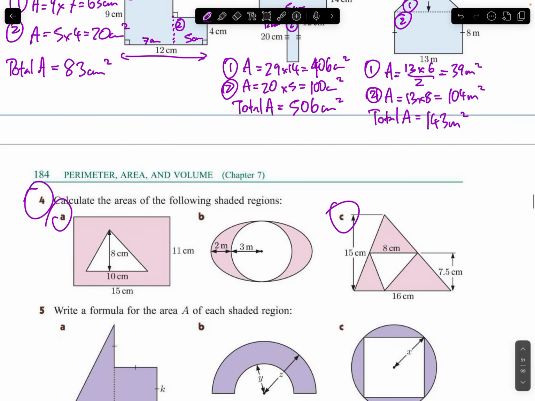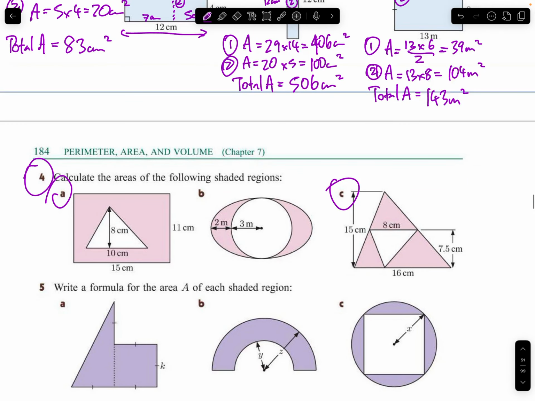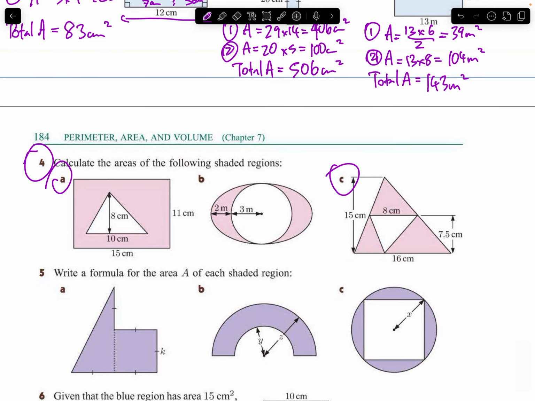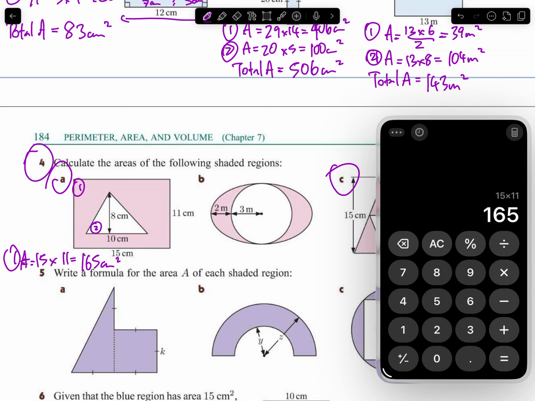Question 4, here you have, instead of adding shapes together, you're taking away shapes because we want the shaded region. So 1 is the rectangle, 2 is the triangle. Area 1 is going to be 15 times 11, which is 165 square centimeters. 2 is going to be base 10 times height over 2. 80 divided by 2 is 40 square centimeters.